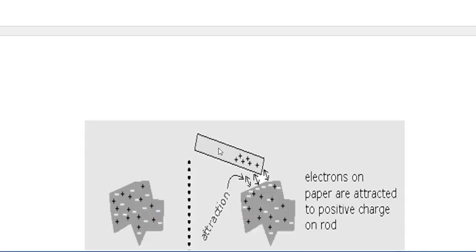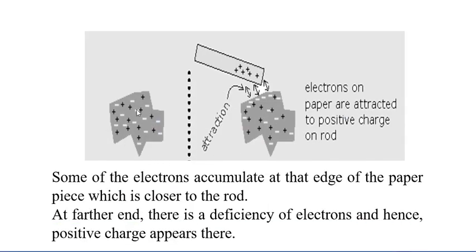Let's see this with a diagram. Here you can see the paper pieces having an equal number of protons and electrons, positive and negative charges. But when the glass rod is taken near these paper pieces, we observe that the negative charge gets accumulated at one edge of the paper pieces, because of which there is a deficiency of electrons at the other edge, and as there is a deficiency at the other edge, it becomes positively charged.